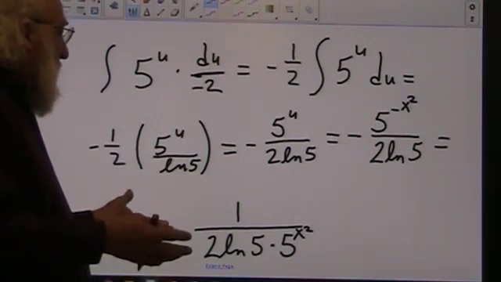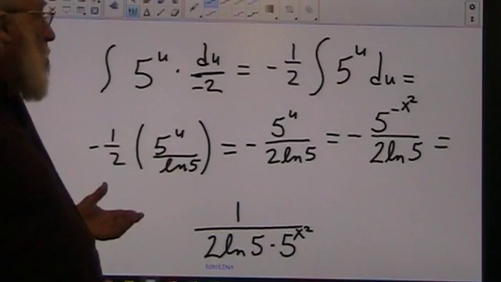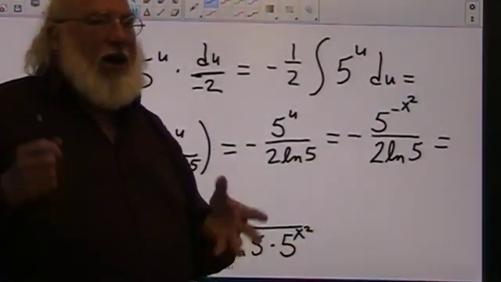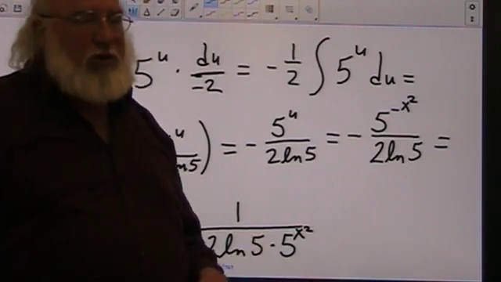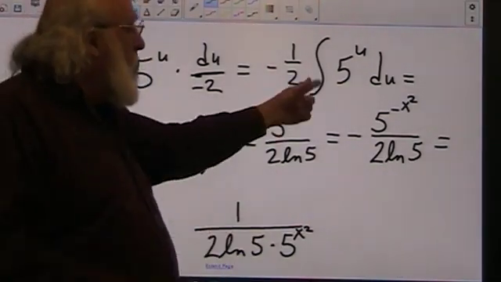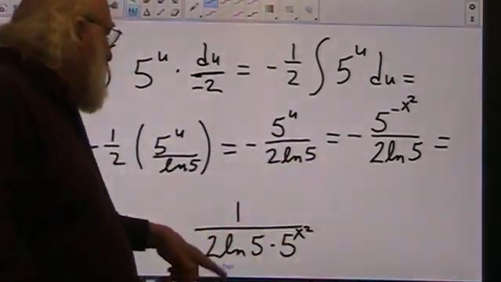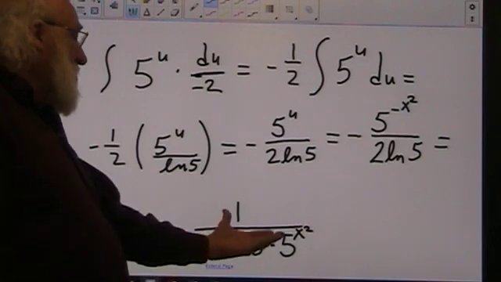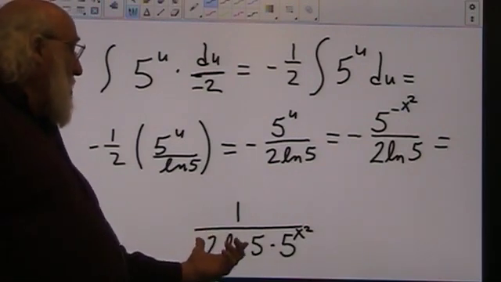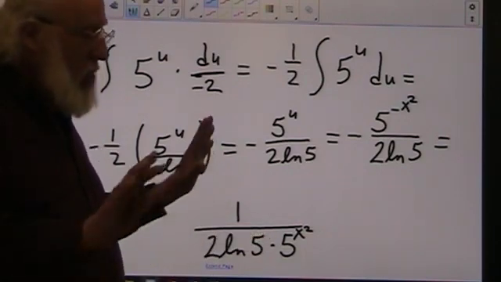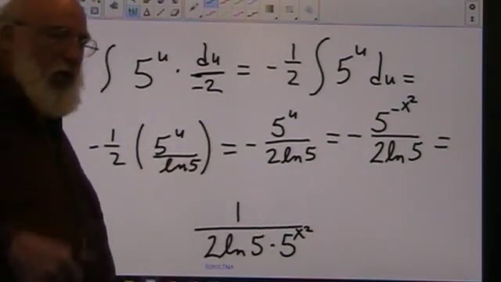We can make that natural log of 25. More importantly, we have a negative x squared, which means a negative exponent, and I don't like answers with negative exponents in them, so please change that over to a positive exponent by flipping that to the denominator. And you get 2 natural log of 5 times 5 to the x squared power. This is clean. You can make that natural log of 25 if you want, that's fine, you don't have to, but if you want to show off, go for it.